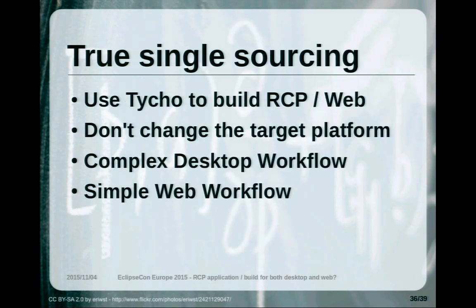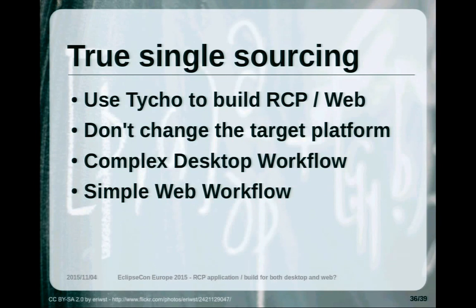The benefit I see in this, from my point of view, is true single sourcing because we don't have to exchange UI libraries. We can stay in our environment, which we know. We build both the RCP and the web application. I also listened to the great talk of Peter Kriens about bndtools, where AngularJS and all the things are already bundled.